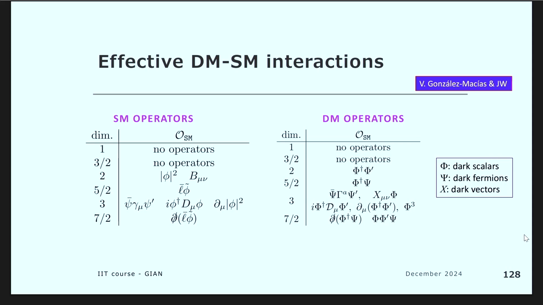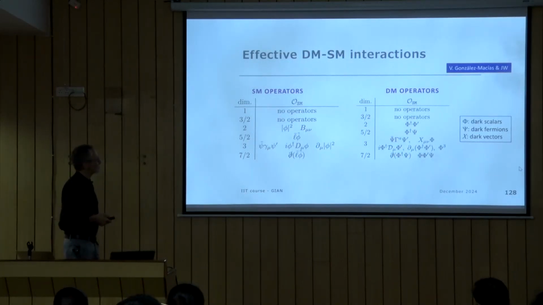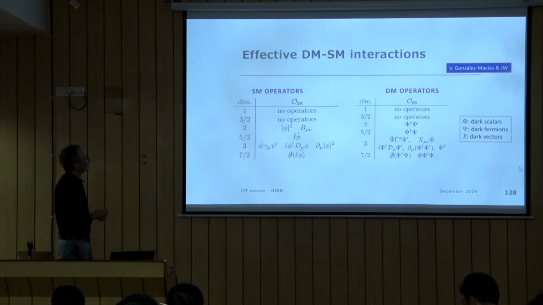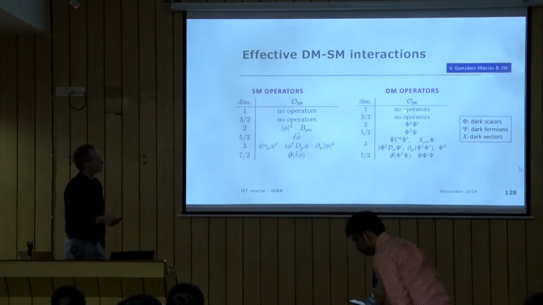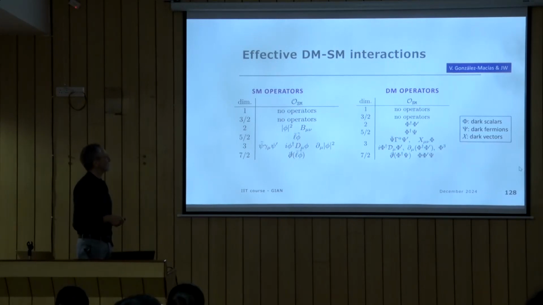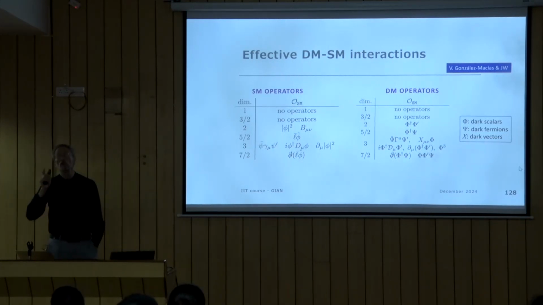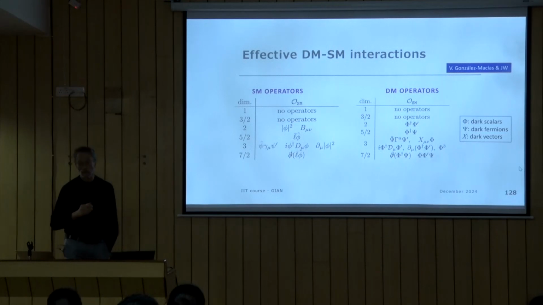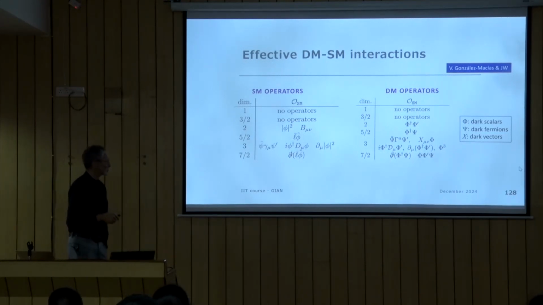And now what I'm going to do is match them and see what is the lowest dimension composite product of this times this that I can get, which satisfies all the symmetries, including now, because this will be a member of the Lagrangian, Lorentz invariance. So the lowest dimension you can get is dimension 2 times dimension 2, a 4-dimensional operator.